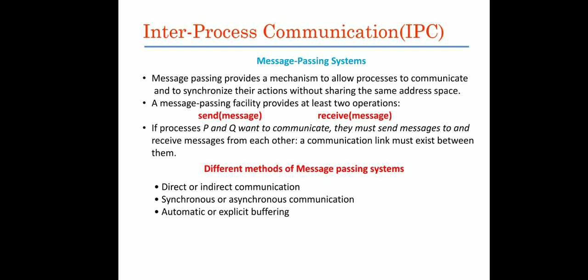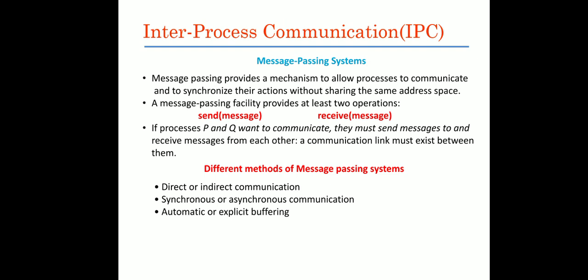Assume that two processes P and Q want to communicate. They must send a message to and receive a message from each other. A communication link must exist between them. There are four important components in this message passing concept.